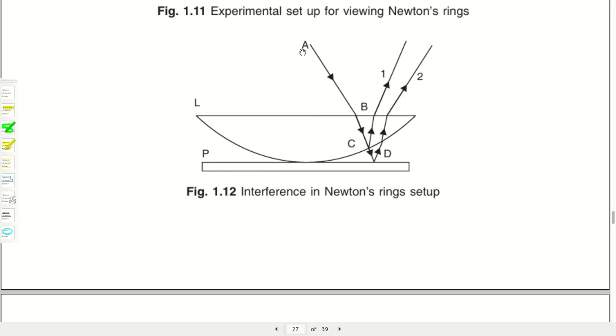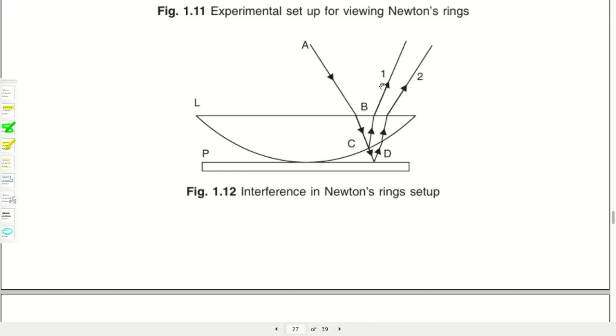Let us take one ray AB, which is incident, then refracted, then reflected from the lower surface of the plano-convex lens, and which is again transmitted and then again reflected and again transmitted. Now the two rays 1 and 2 will interfere to give you the interference fringes, because they are coming from the same source but with different amplitudes.